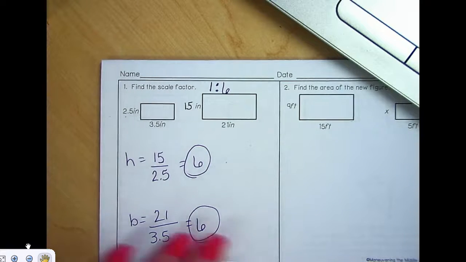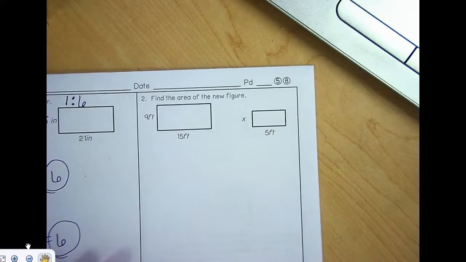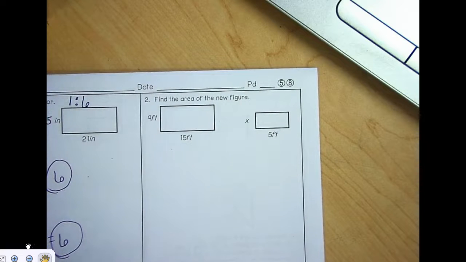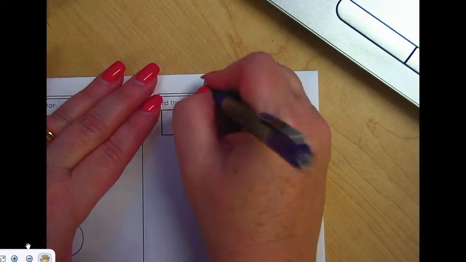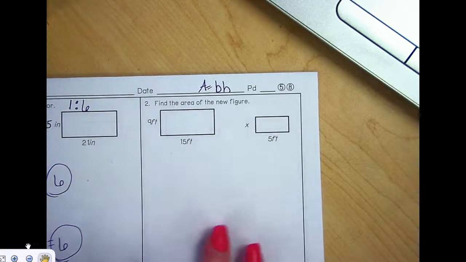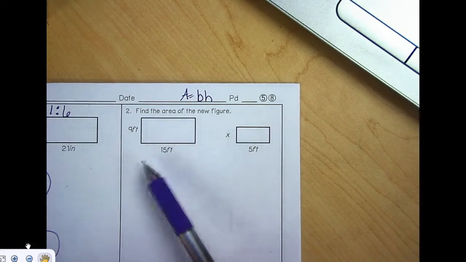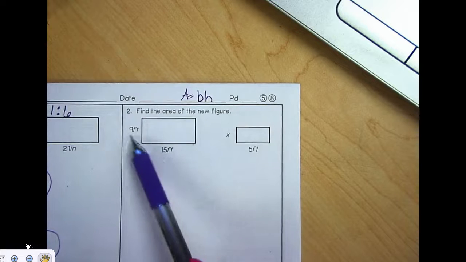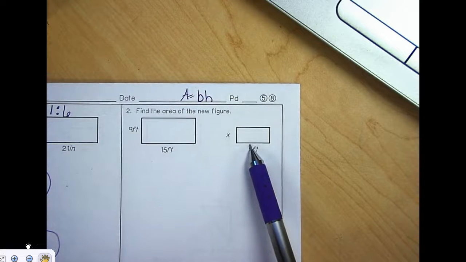No. Okay. Find the area of the new figure. So how do you find area? They're both rectangles, so what's the formula for area of a rectangle? Base times height. Area equals base times height. So over here, do we need the area of this one to find the area of this one?